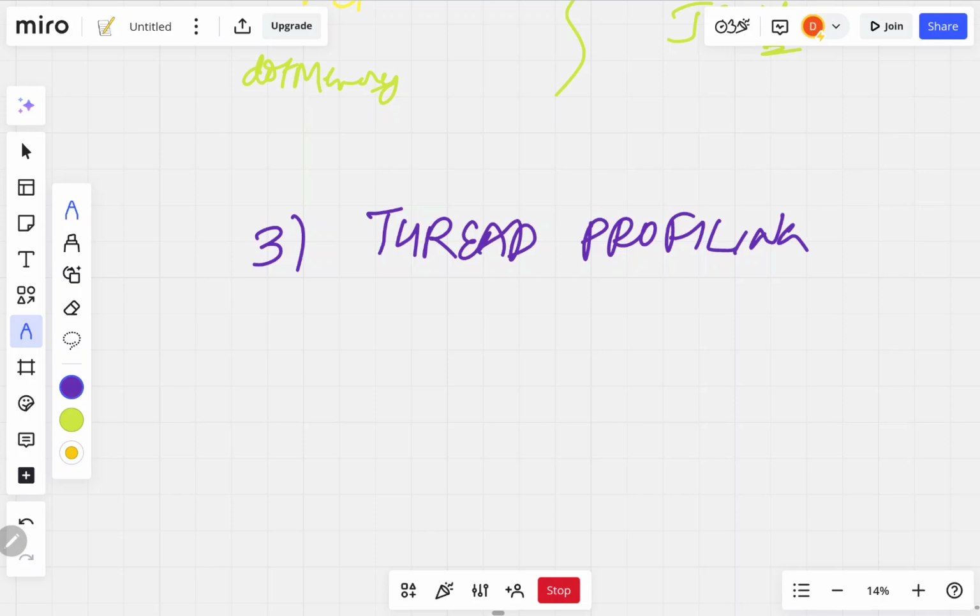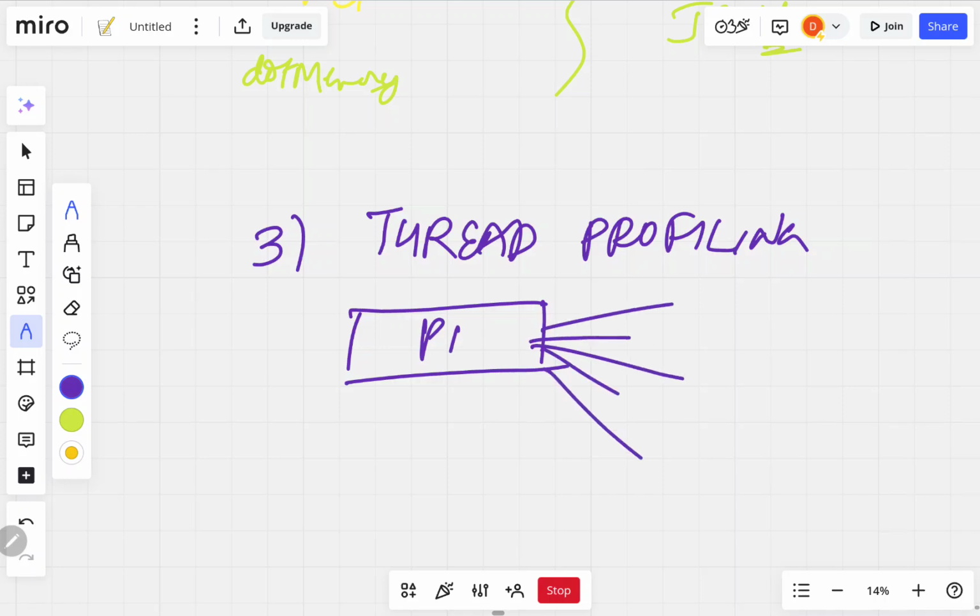It's a process, and who powers the process? Threads, right? So this is process 1, and how is it running? Threads are taking different code, running different code, going to different functionality.